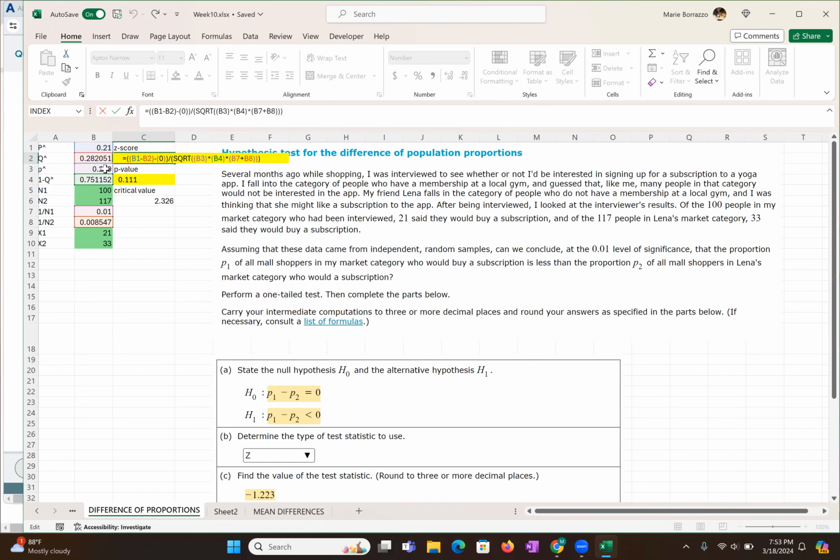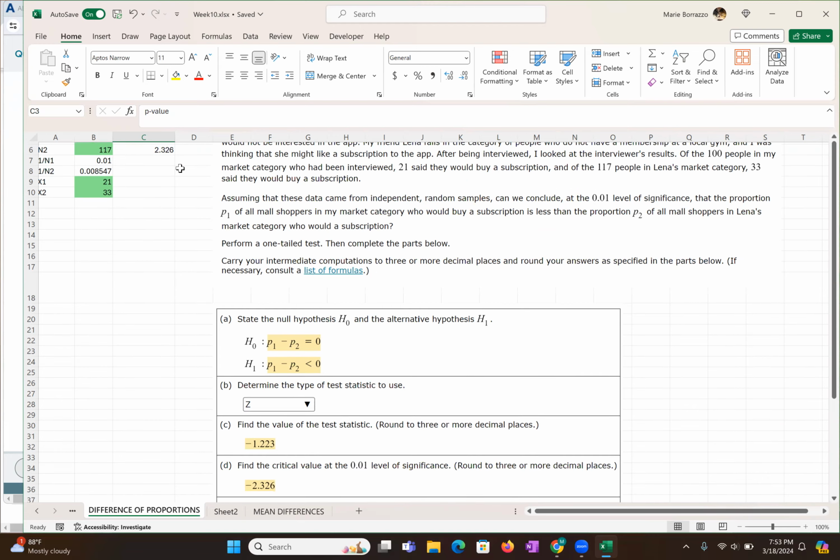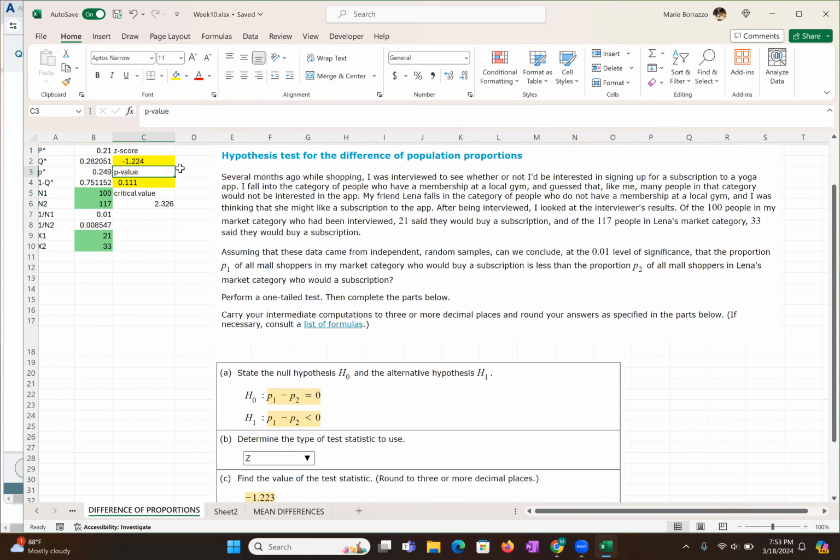This is P, this is 1 minus P, times B7, which is 0.1, plus B8, which is 0.0057. So this is a z-score, and this is negative 1.224.